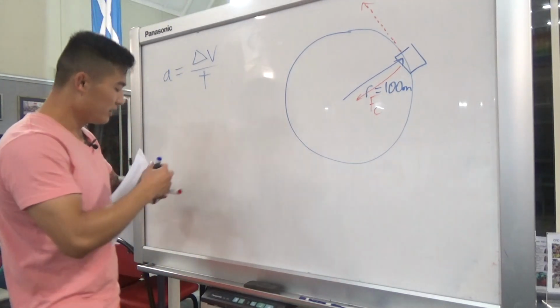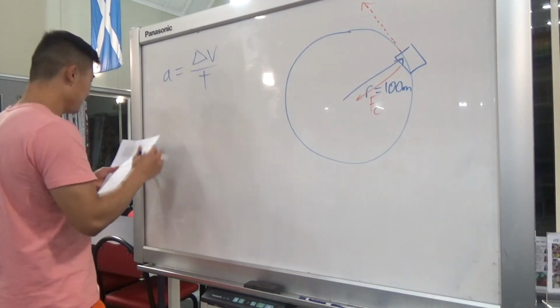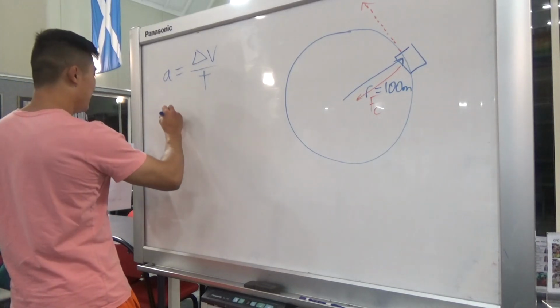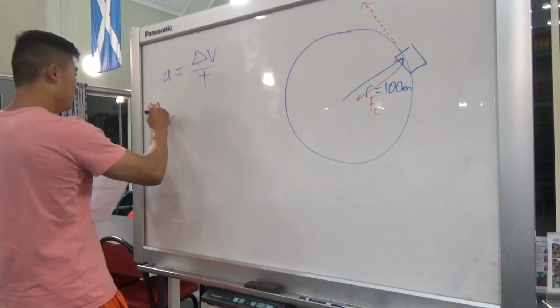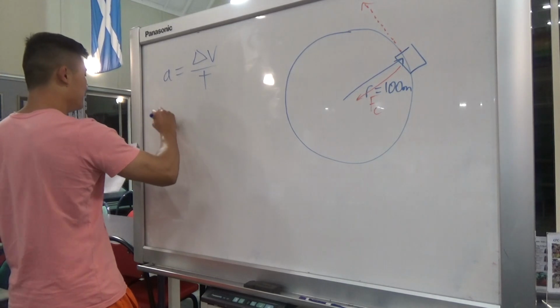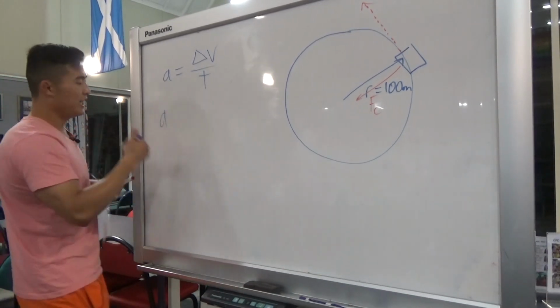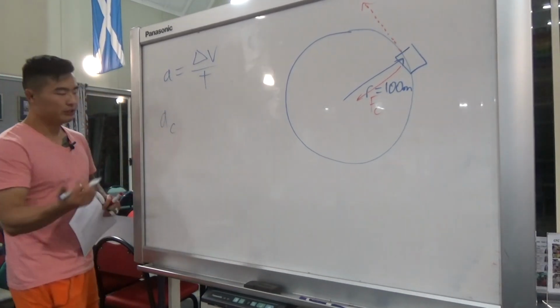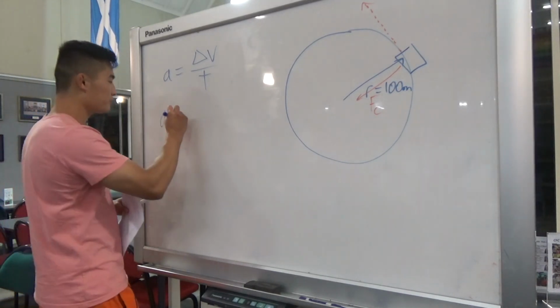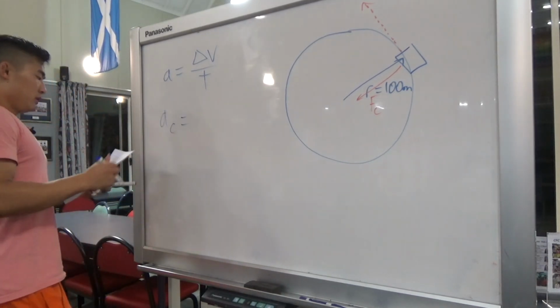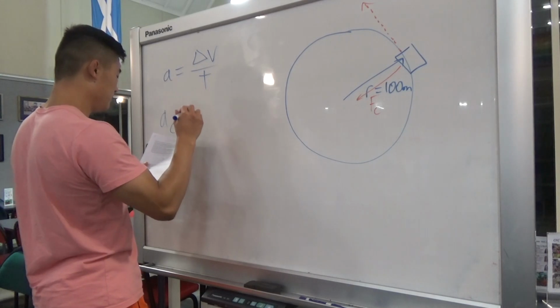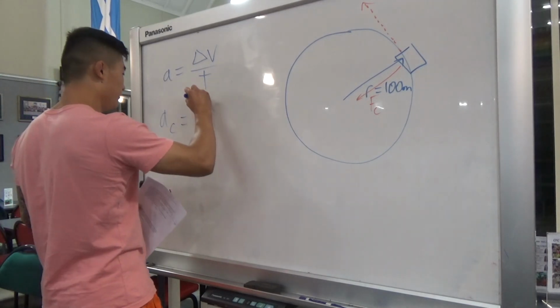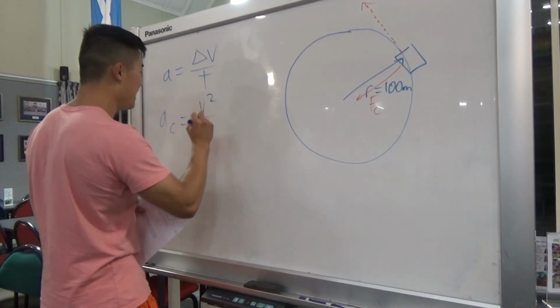So what we want to calculate is the centripetal acceleration of the load. That's a for acceleration and subscript C, which means centripetal. The equation for that is v squared over r.